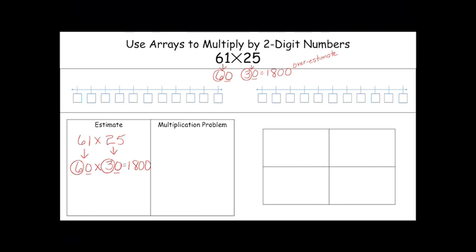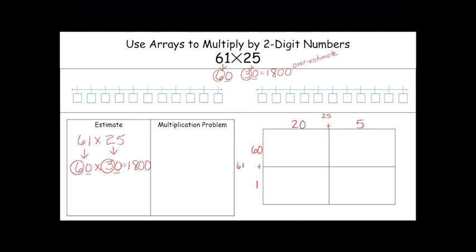Now, I break 61 into 60 plus 1, and I break 25 into 20 plus 5, just like when we did expanded form.